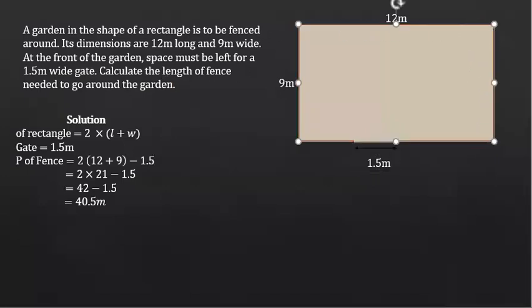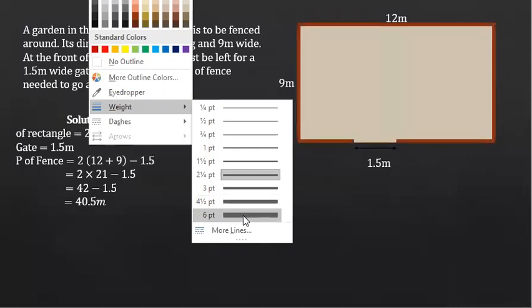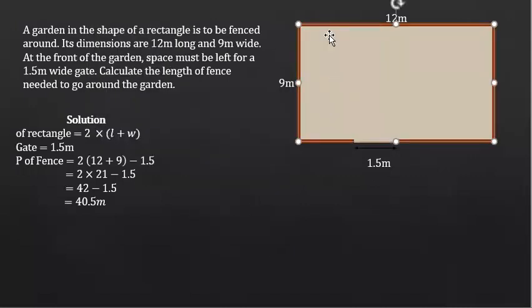So this here in red, let me see if I can get this. Right, so this is our fence here. We want this calculated to know the length of this fence.